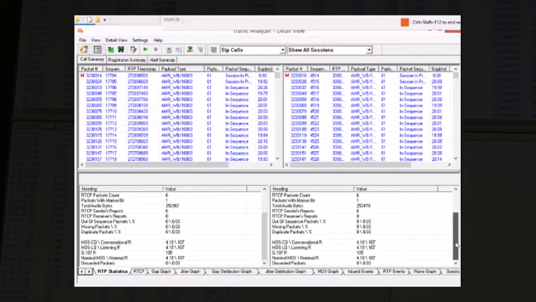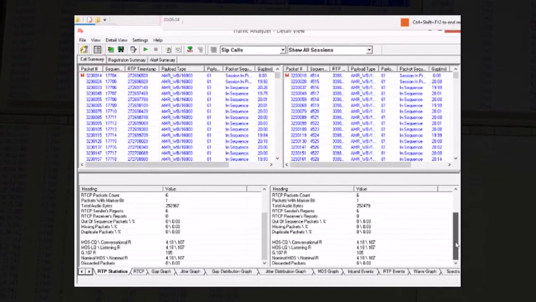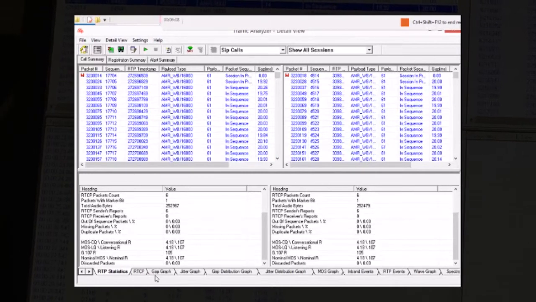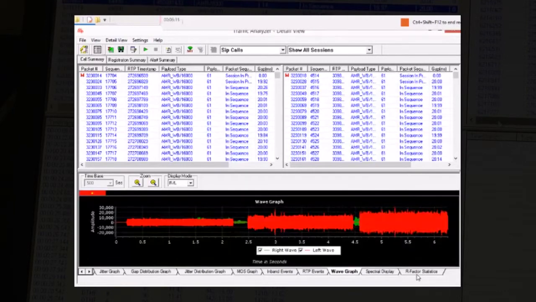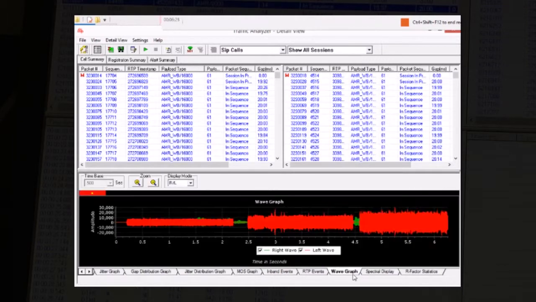So all of the packets for the entire duration of the call are provided here, one packet at a time. The statistics associated with each packet are also provided, for example gap, delay, and jitter. If there happen to be any DTMF digits or tones, they would be given here in the in-band events.